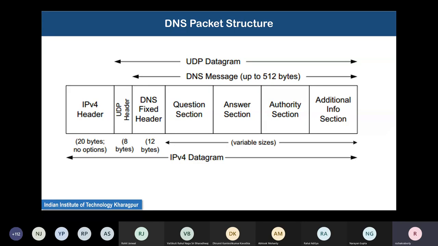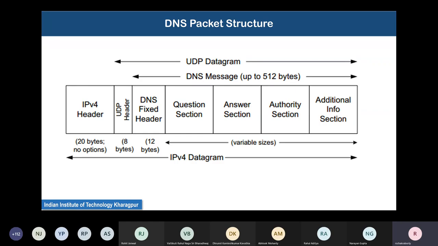These DNS packets follow a connectionless transport layer protocol called UDP. UDP is a very simple transport layer protocol, much simpler than TCP, the one that we will study in very detail.